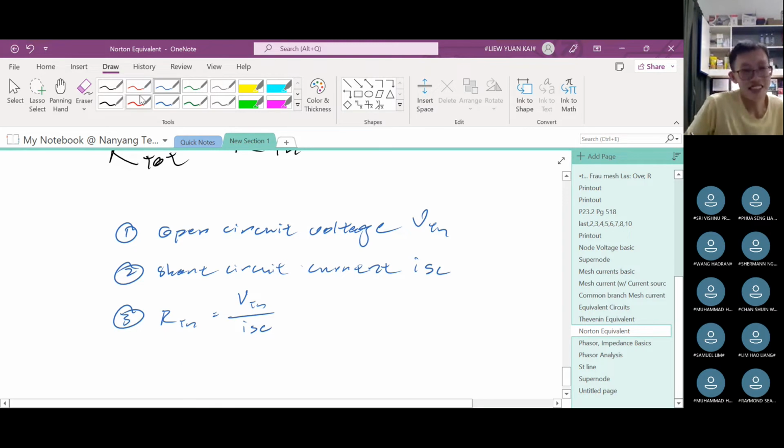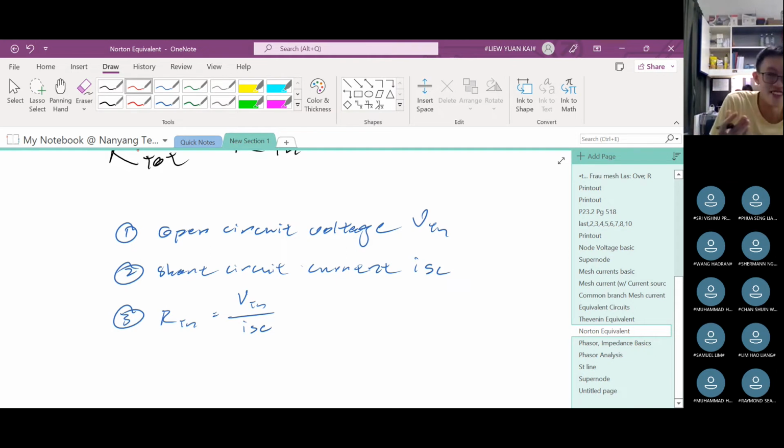Like this, Samuel. Yes, you can technically just follow the method to find the Thevenin equivalent. That will automatically give you everything you need to know about the Norton equivalent. Why? Because the short circuit current here is indeed the Norton equivalent current source. And this R Thevenin here is indeed the Norton equivalent resistance.